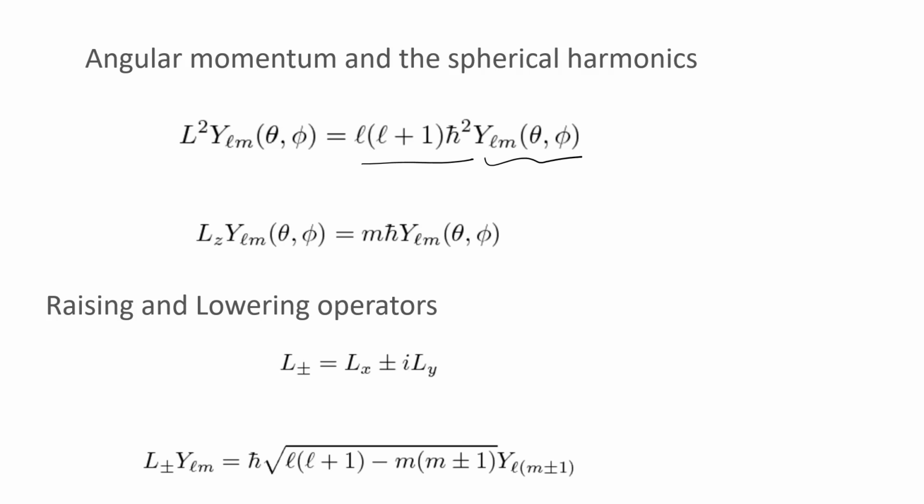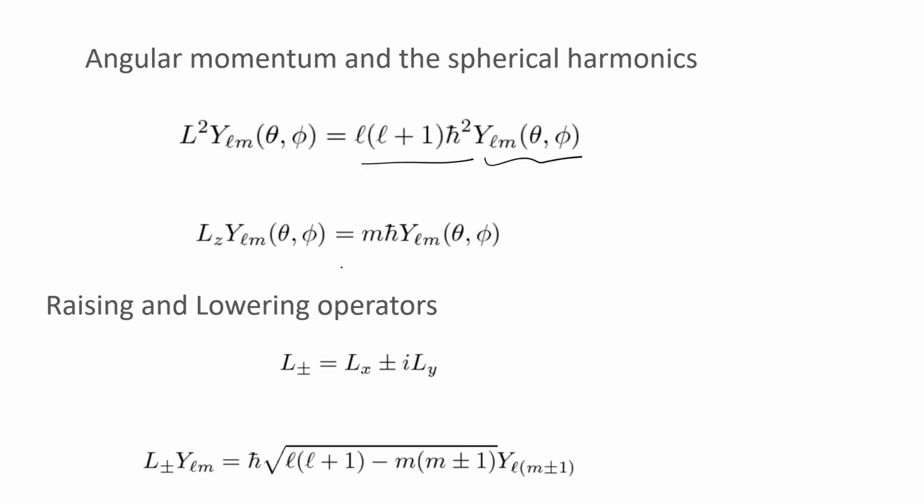We need 2 operators as preferred ones. We could have chosen L square and Lx or L square and Ly, but then the simultaneous eigenstates of L square and Lx would have to be determined. This is much easier, because Lz acting on Ylm gives you m h cross into Ylm theta phi.